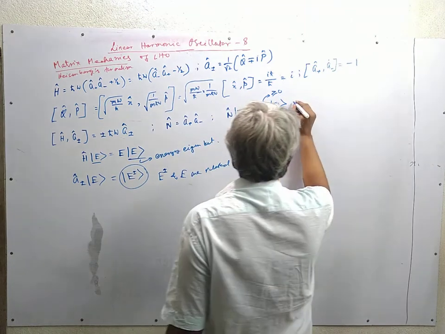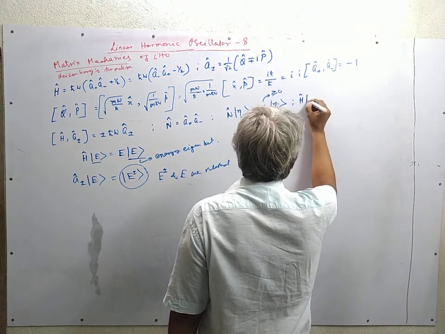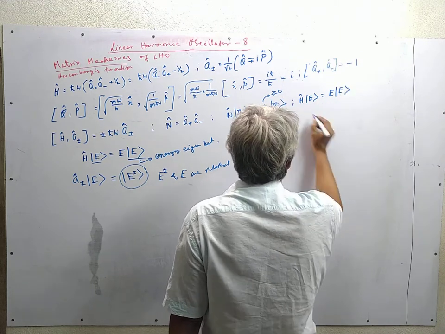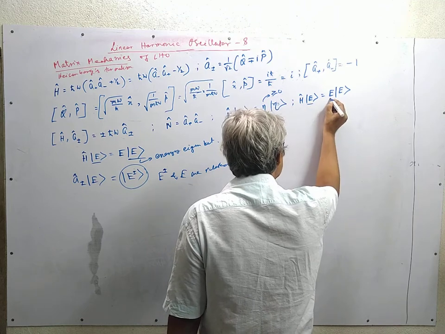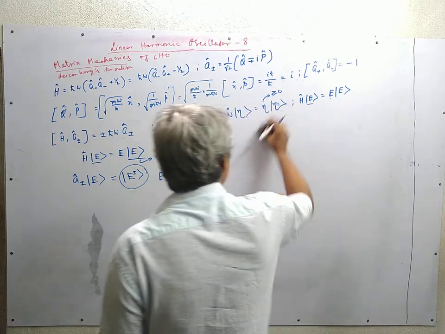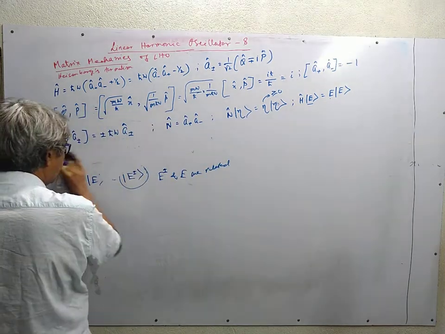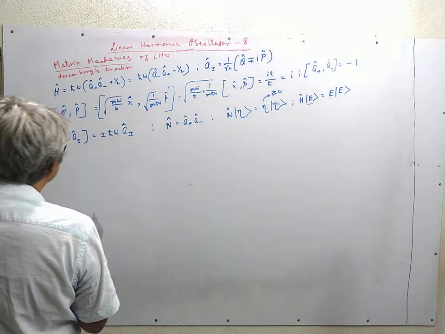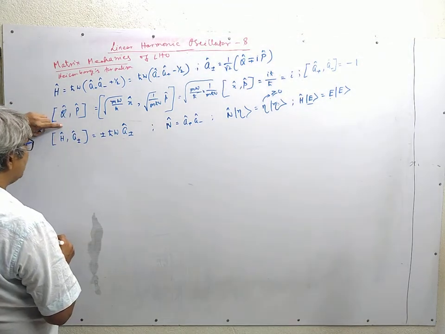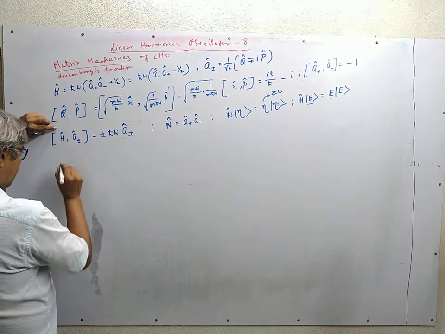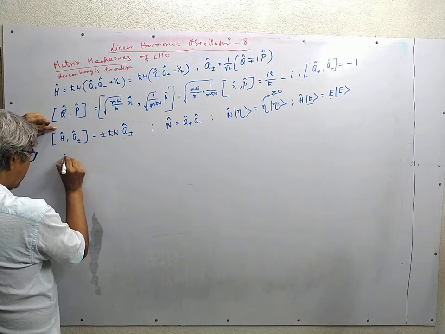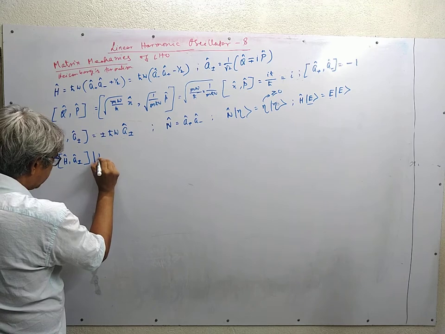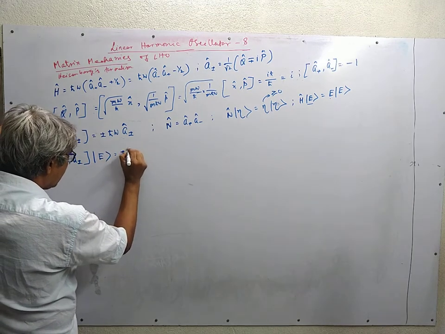So first, the energy eigenket relation is H E is equal to E E. This is the energy eigenvalue, and this is basically the time-independent Schrödinger equation. Now, to know how it works, we use this expression, that is H A plus minus operating on ket E gives you.